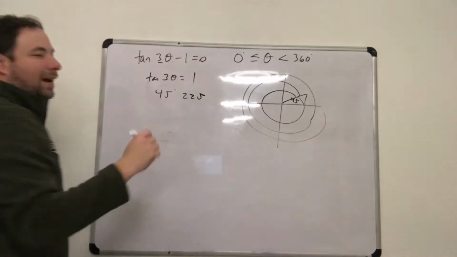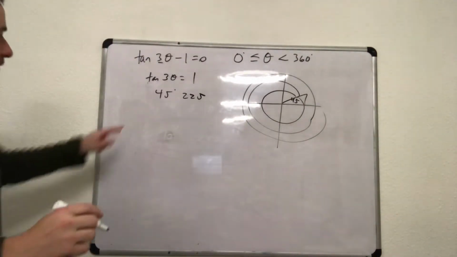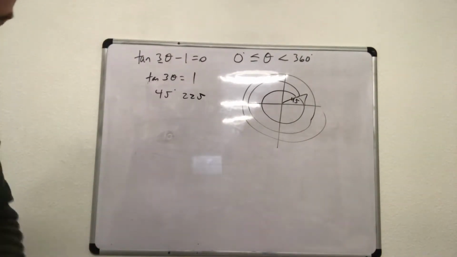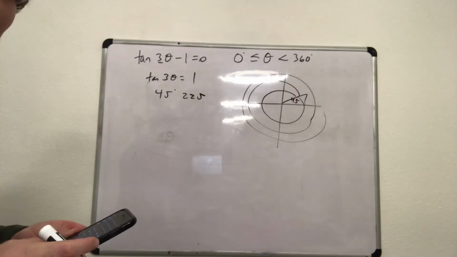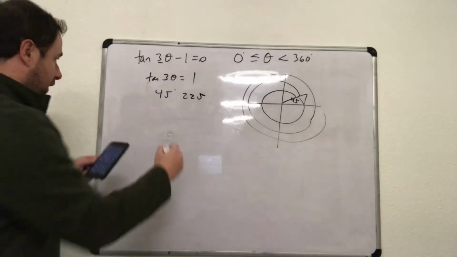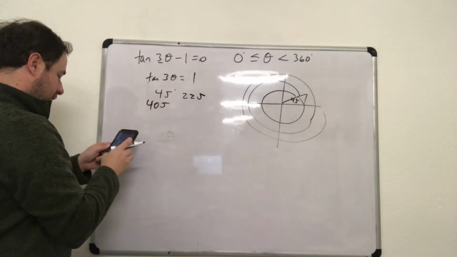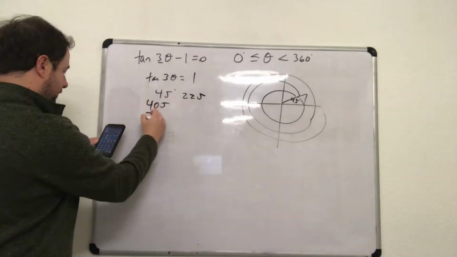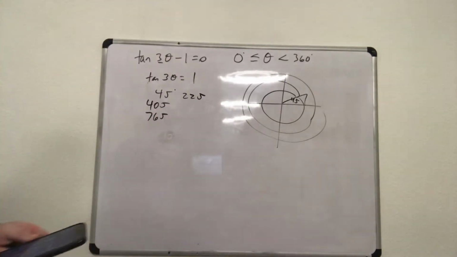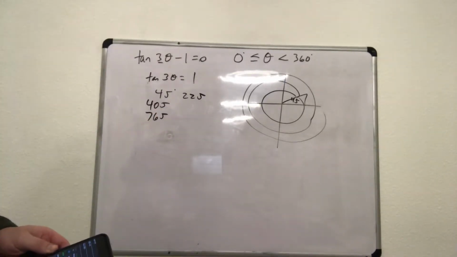We're going to go around 3 times. So if you add 360 to 45, we get 405, and then you add 360 to that to give us the 3rd time around. We get 765.